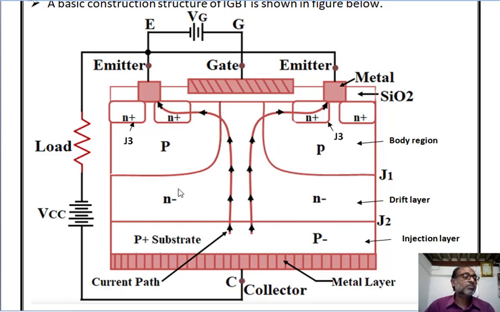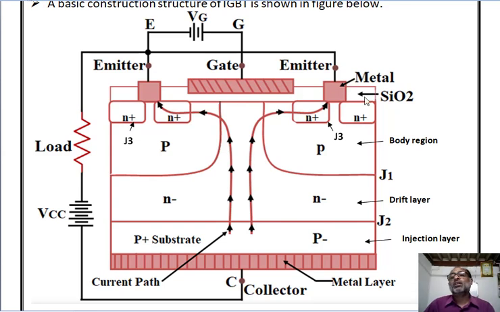As shown in this figure, the P regions are diffused into the N minus layer, and N plus layers are deposited in this P type layer. A silicon dioxide insulating layer is deposited on the upper surface of this IGBT.